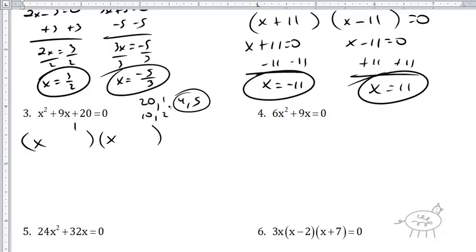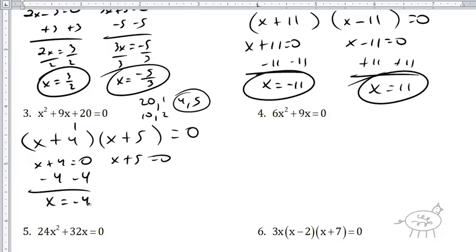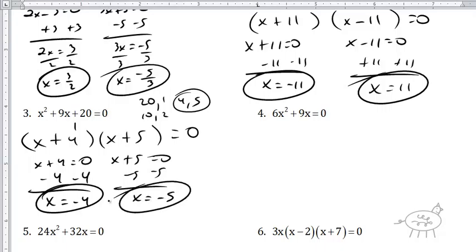Well, 4 plus 5 is 9. So x plus 4, x plus 5 equals 0. So you set each one of those equal to 0 and solve. X equals negative 4 and negative 5.